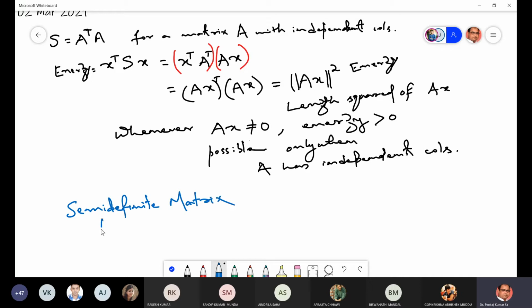In semi-definite, the energy may be equal to 0. The eigenvalues may be 0.